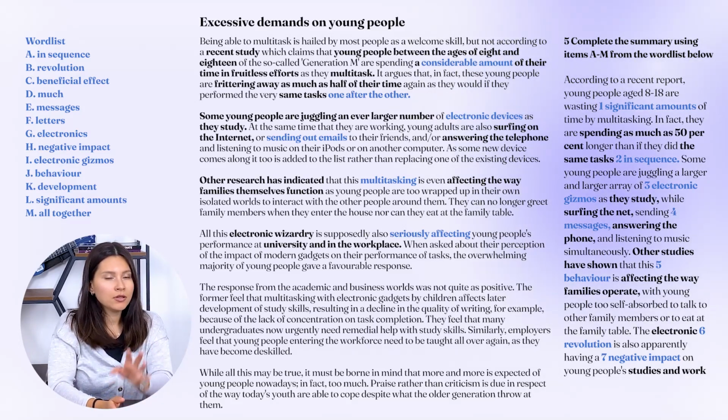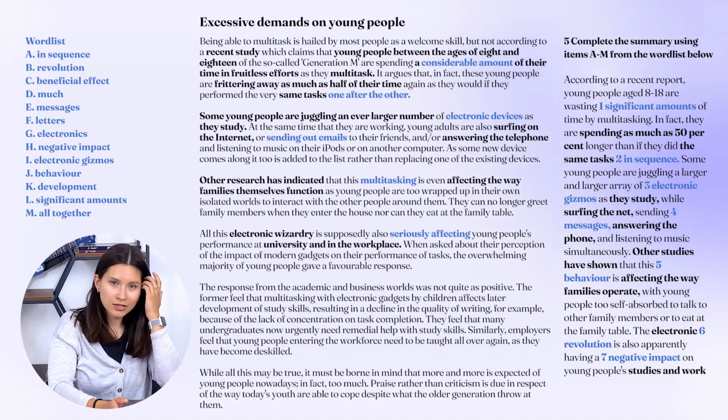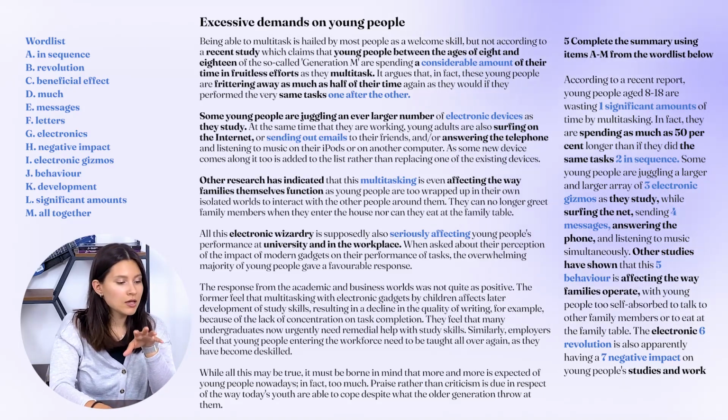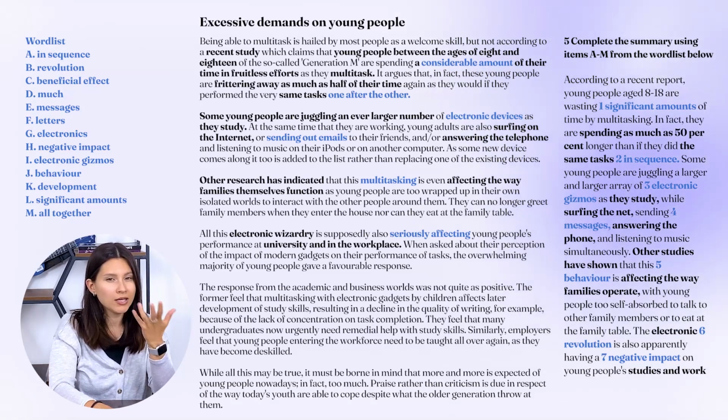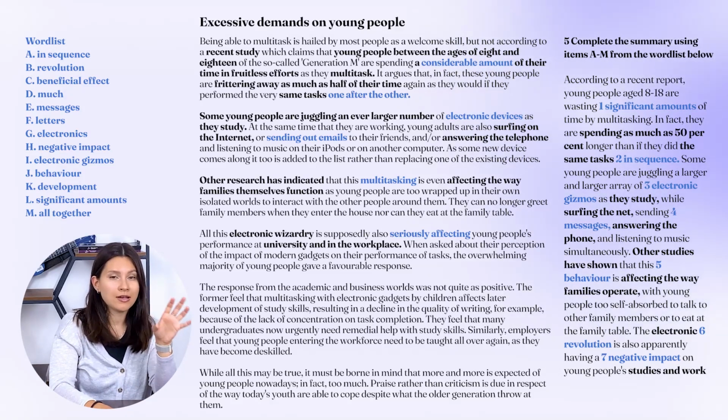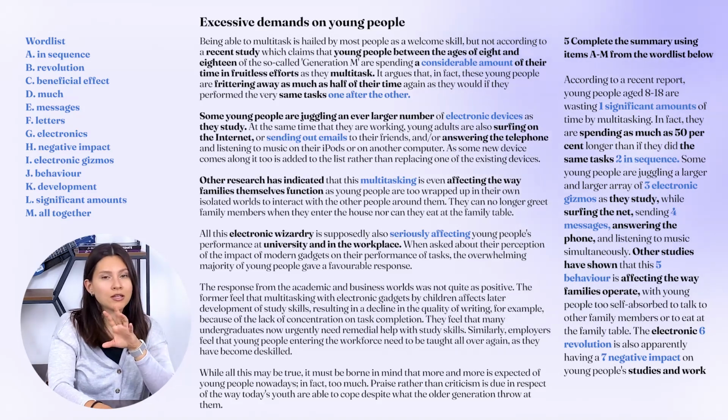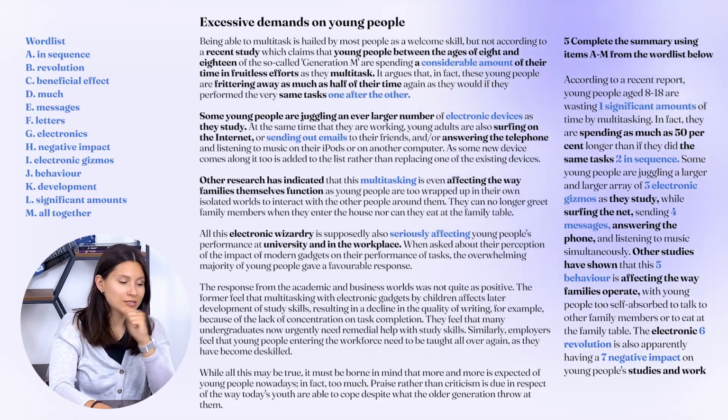All right, so remember there was something about wasting time, and in this case, it is also referred to the fact that they spend a considerable amount. Spend is the same as waste, but spend is not negative, okay? It could be both negative and positive compared to the word wasting, okay?